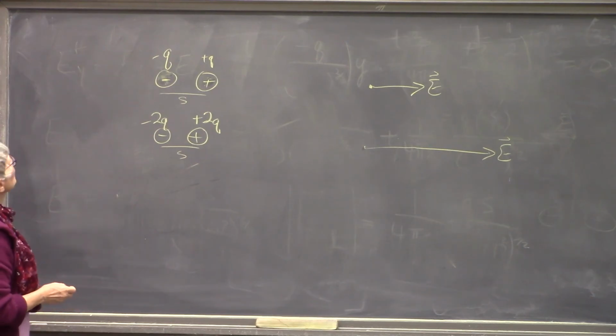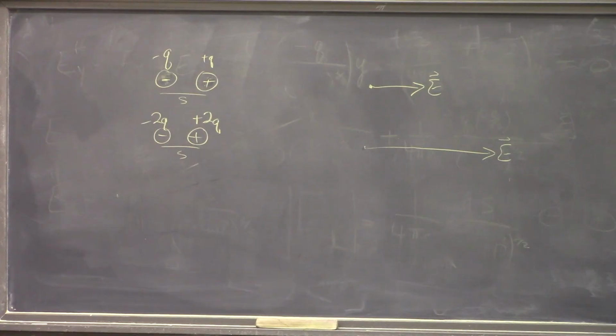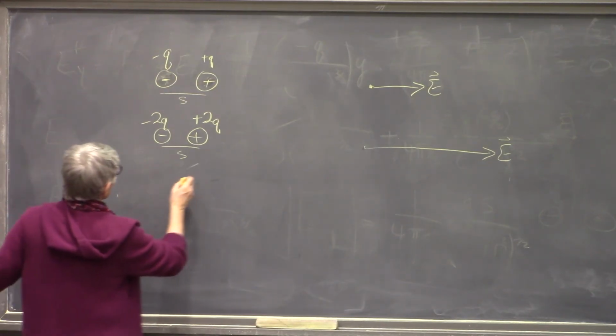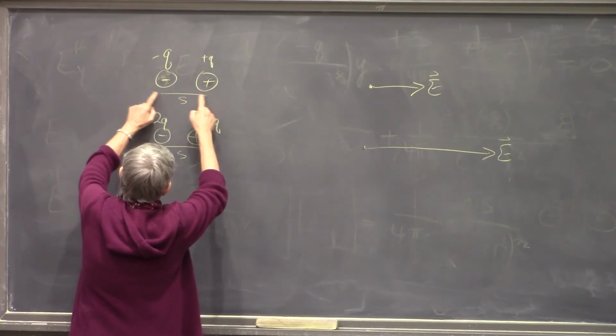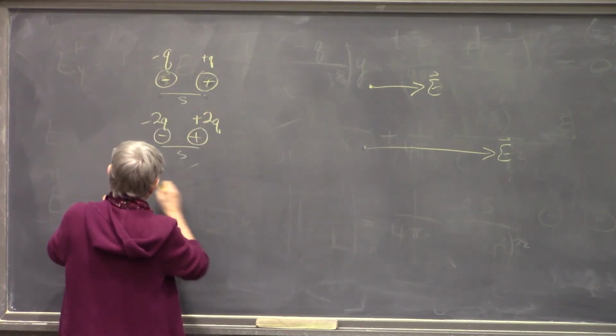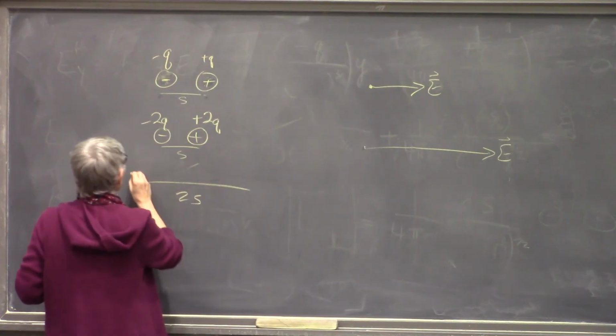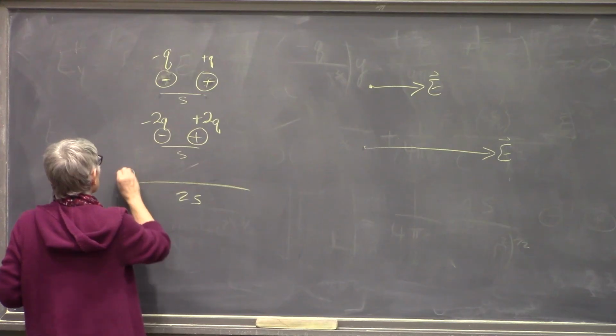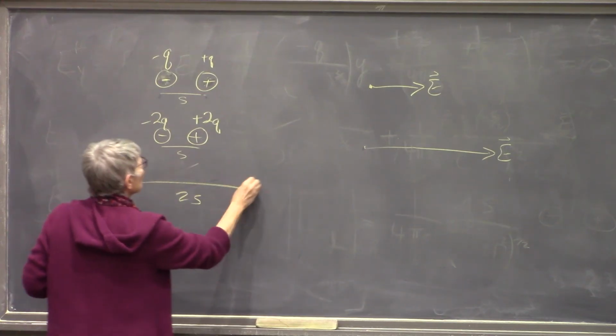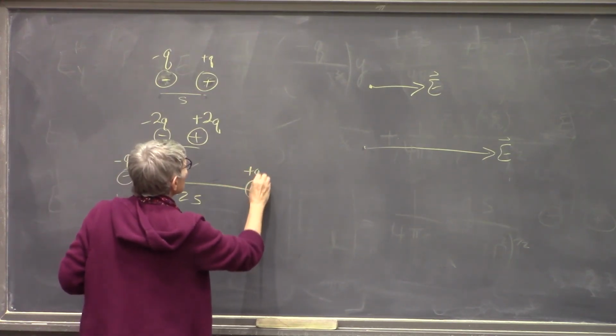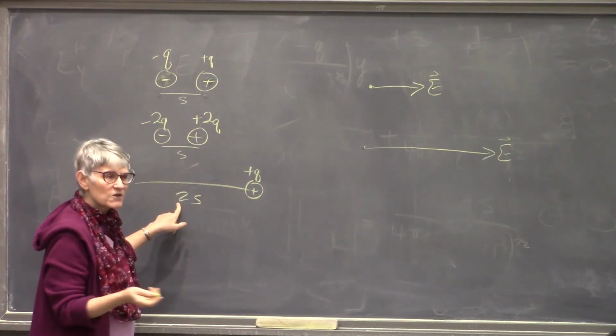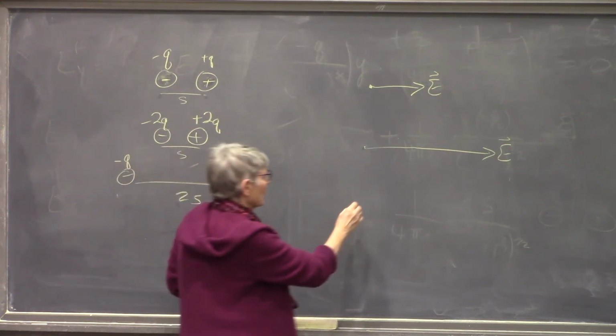But there's a different thing we can do looking at this equation to make the field bigger. Instead of doubling the charge, we can actually just increase the separation between the two charges. So we have a minus Q and a plus Q, but they're separated by twice the distance.